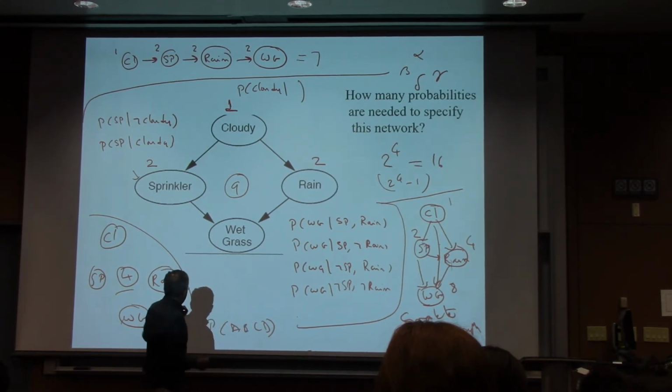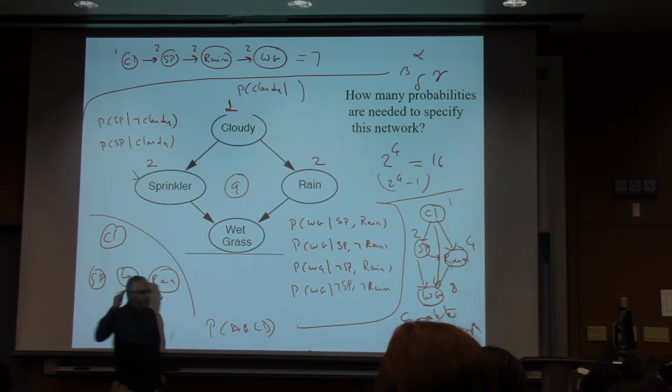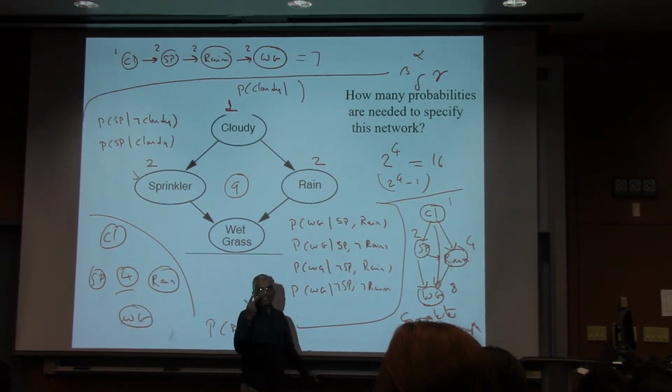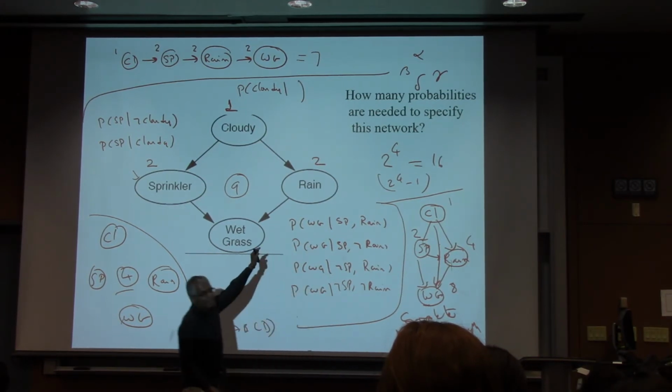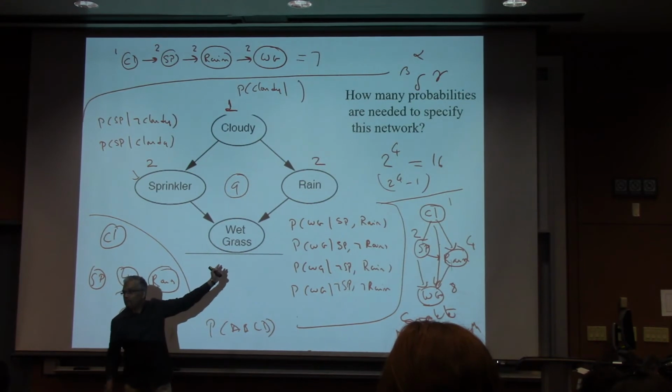So when you try to learn the Bayes network, you have to understand in the back of your mind that there are two things that you have to learn. One, you need to learn the topology. Second, you need to learn the numbers. Notice till now I didn't put any numbers on this network. We could have this much interesting discussion without putting any numbers. You see what I'm saying?